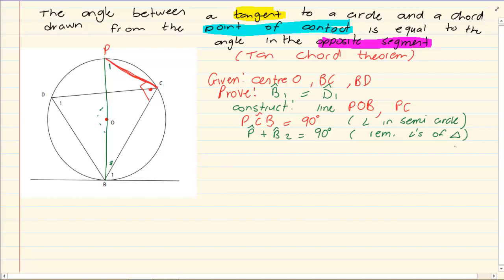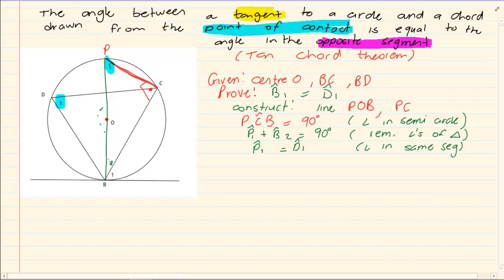So it's the remaining angles of a triangle. Then we have that P1 is equal to D1, angles in the same segment. What you usually refer to as the butterfly or the bow tie, you can see angles in the same segment.